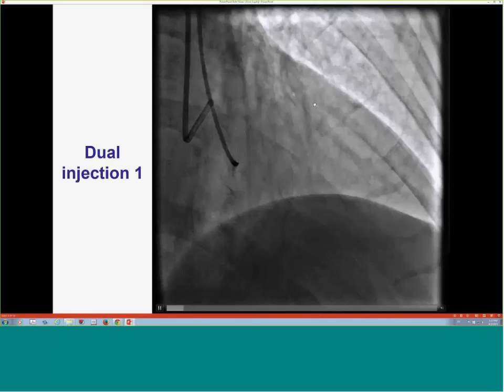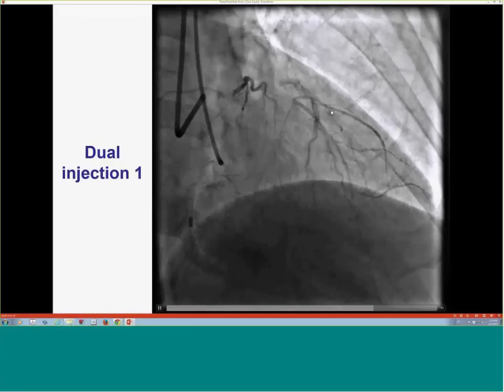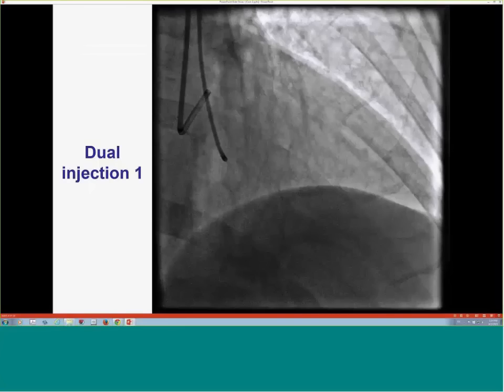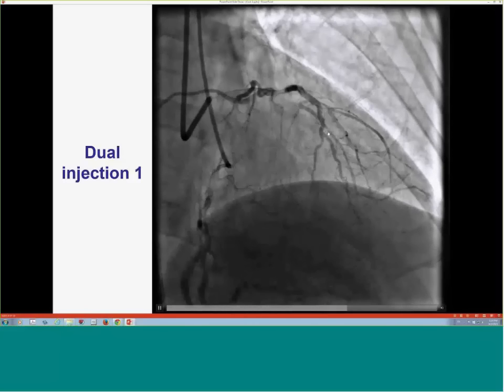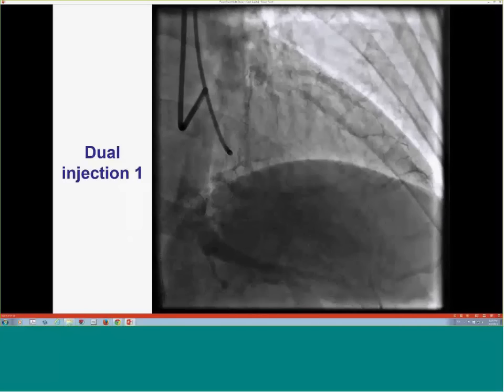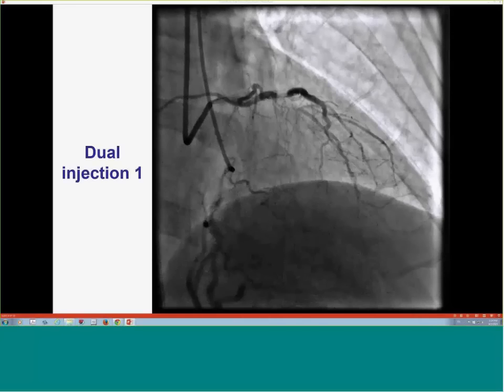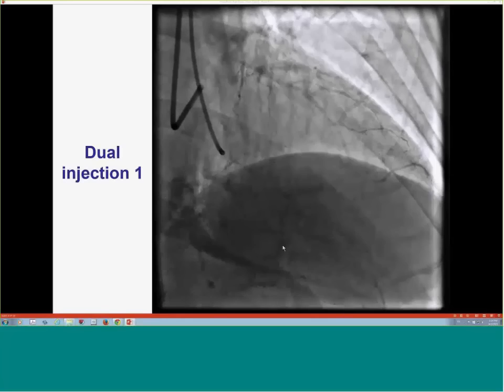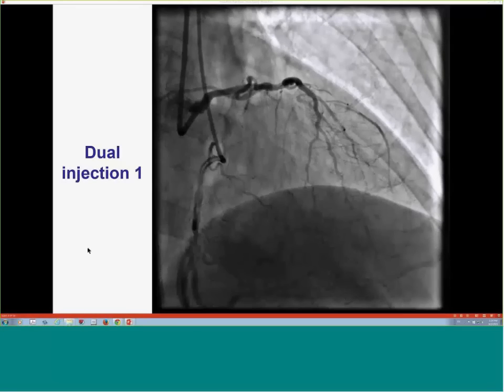But the distal cap is a bifurcation, the LAD/diagonal bifurcation here. So we have a bifurcation at the distal cap, and then we have a nice vessel more distally. And then let's see what else we can do here.